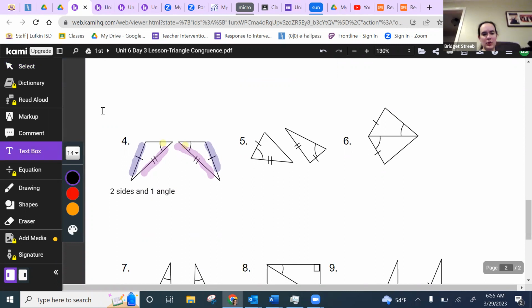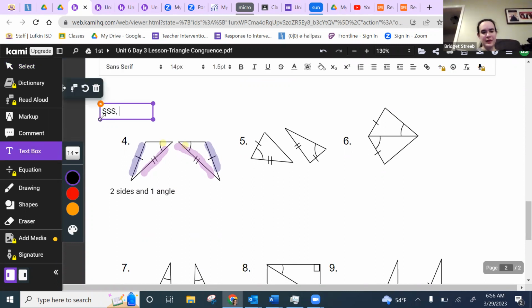So again, we're going between side, side, side, side, angle, side, angle, side, angle, angle, angle, side, and hypotenuse leg.